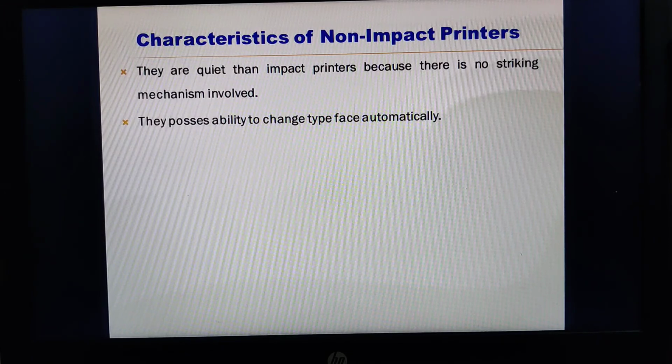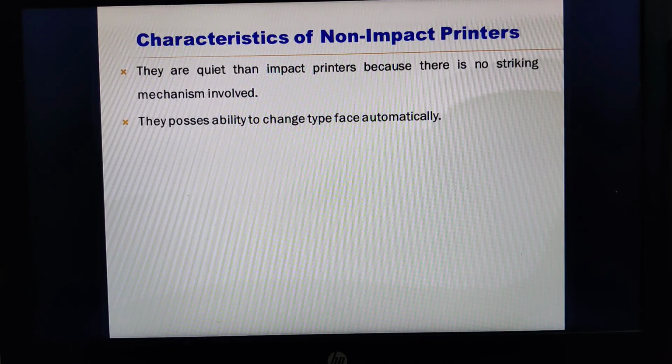So maybe in the same one page of a document, you might have two or three different fonts. You may have Calibri, Times New Roman, Arial Black, and the sizes may also differ for each font you have chosen. For all those, the non-impact printers will provide support.